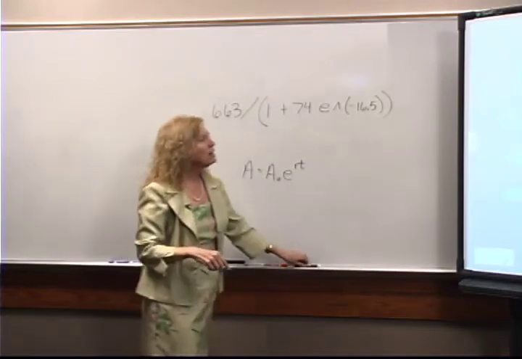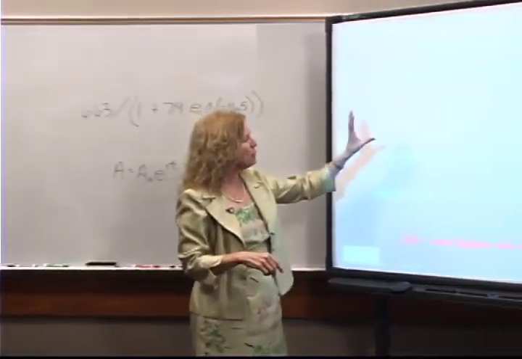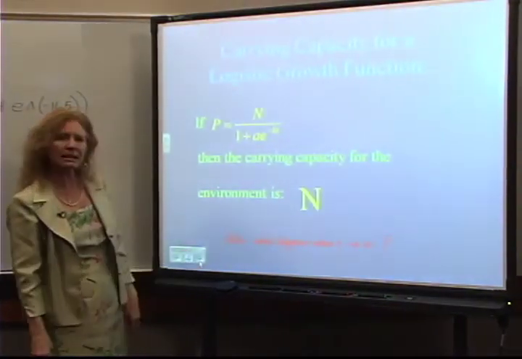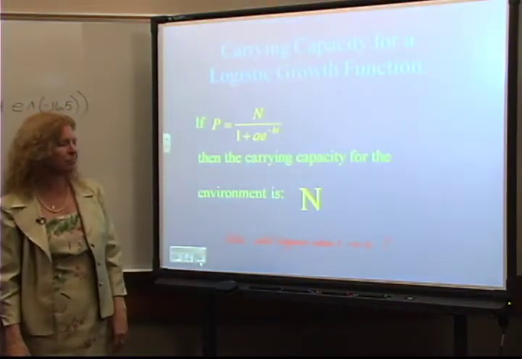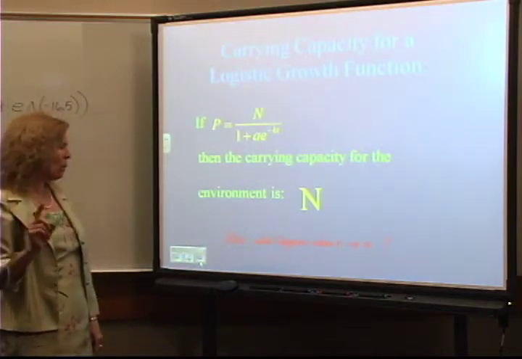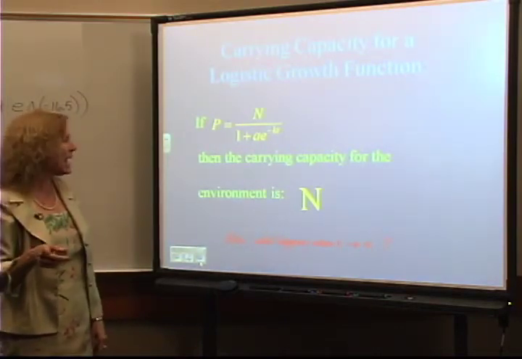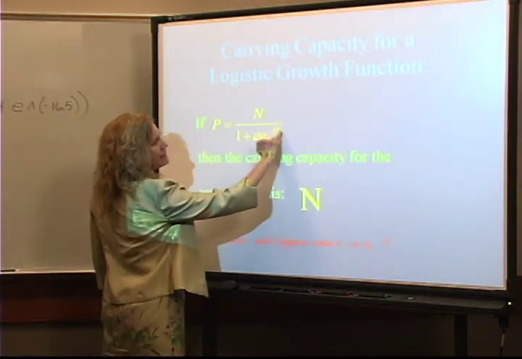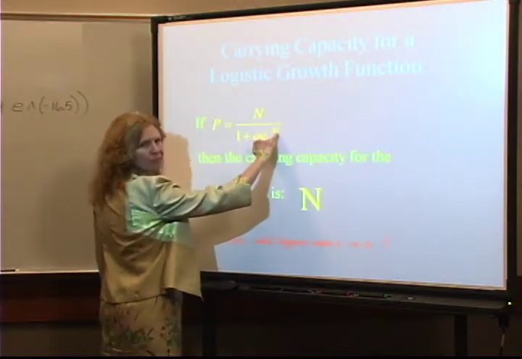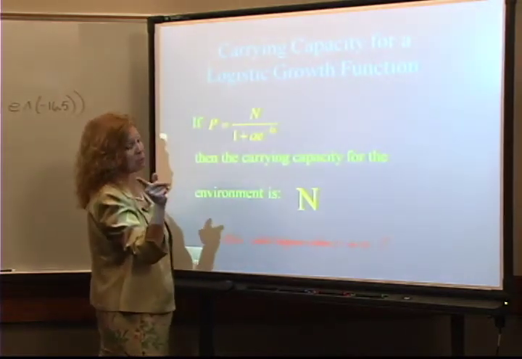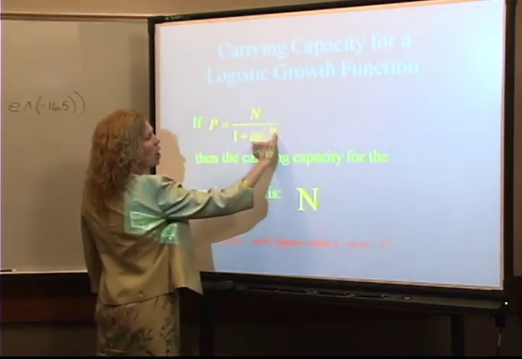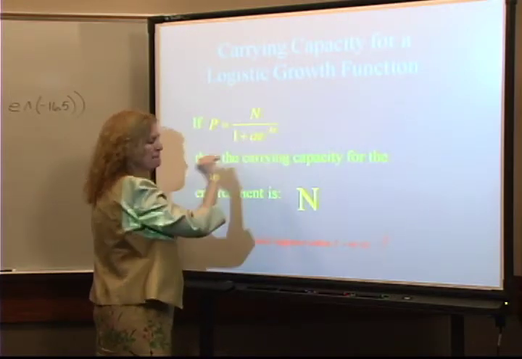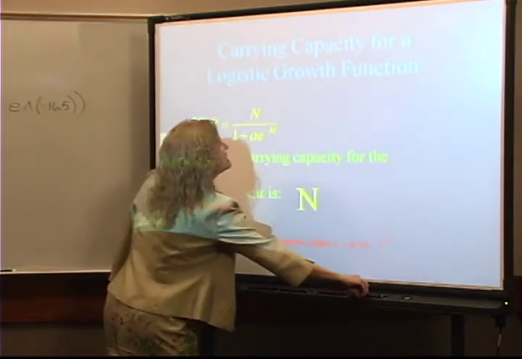Okay? Well, in this particular case, when you're using the logistic growth model, then the carrying capacity is going to be N. Now you might say, why does that happen? Well, as t gets to be really large, and by the way, we found it didn't have to get real large, did it? As t gets large, we have e raised to this negative number. Well, remember what negative is going to indicate.